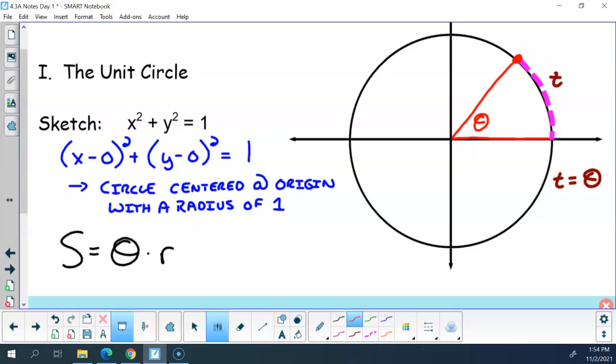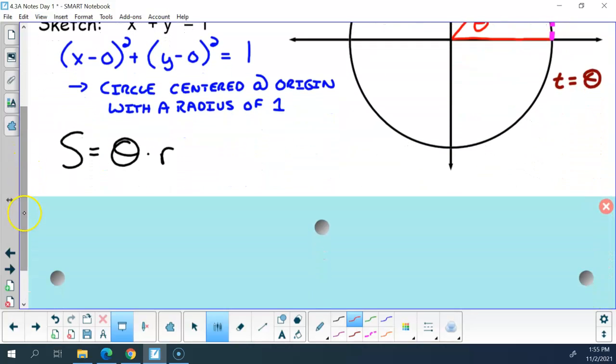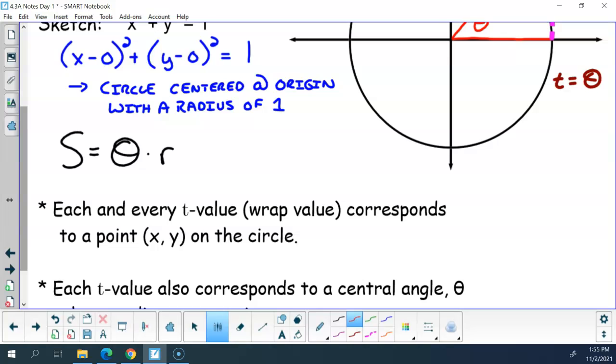And the endpoint of that wrap value gives you a coordinate. And that coordinate is on the unit circle. So that value is on the unit circle, which means that it would make this x squared plus y squared equals 1 equation true. That's what this is saying.